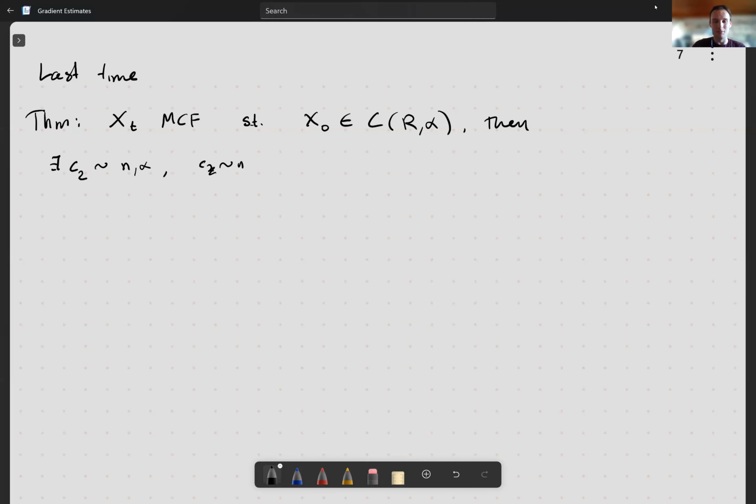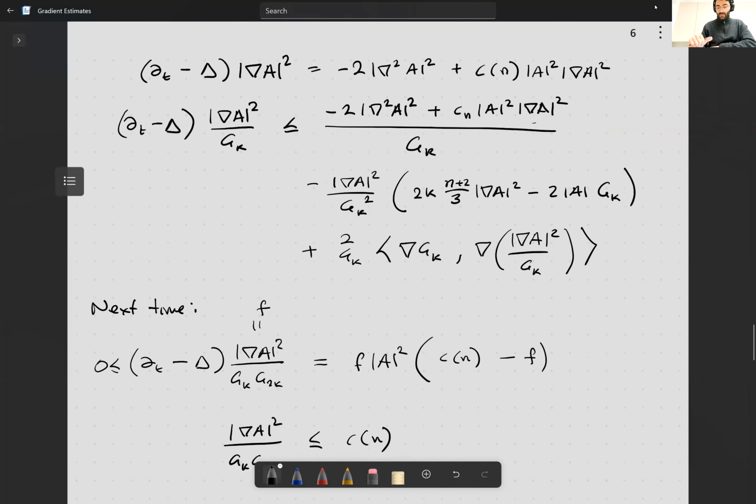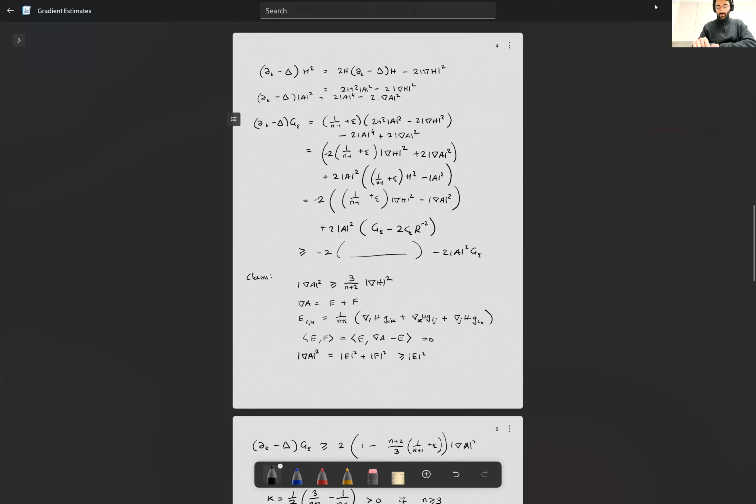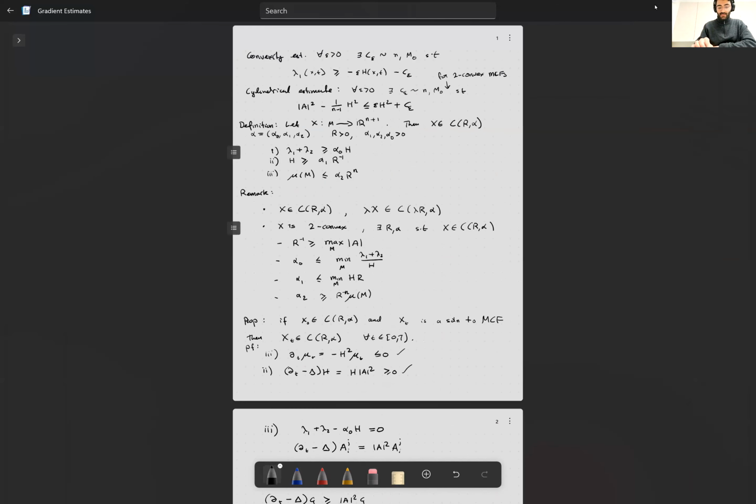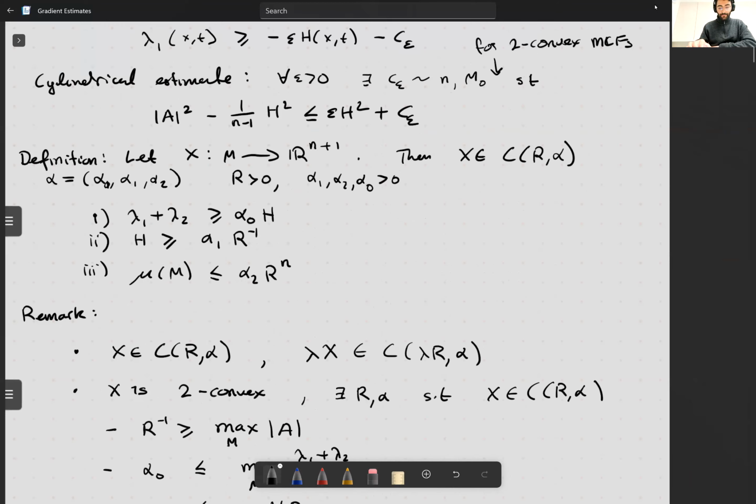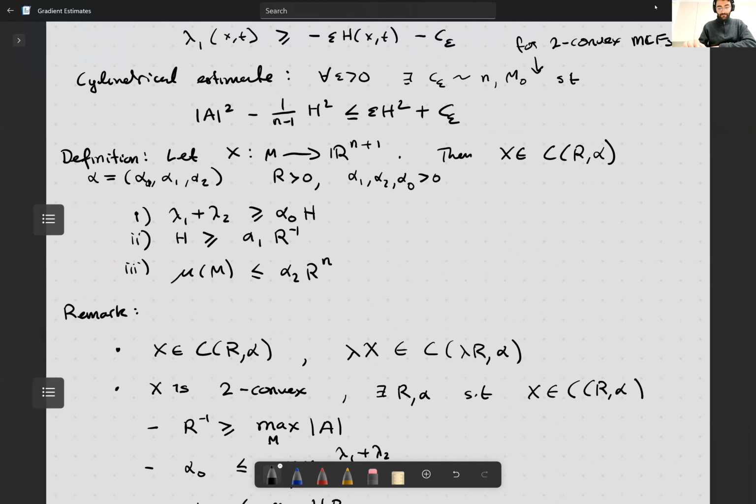Actually, Vishnu, sorry to interrupt. Maybe you could just remind everyone what R and alpha were measuring. Yeah, so R and alpha are basically just constants that depend only on the initial condition.